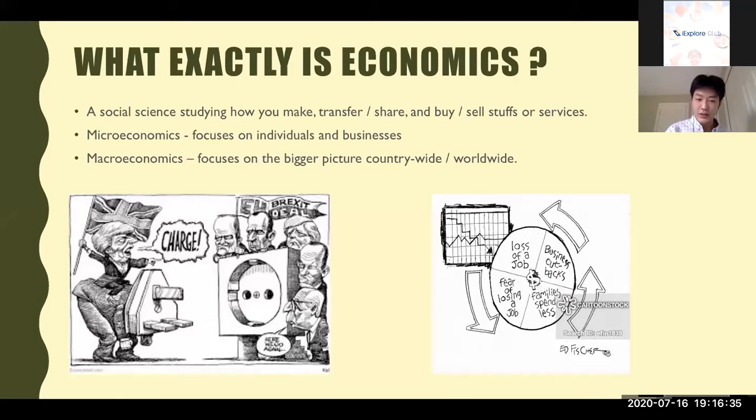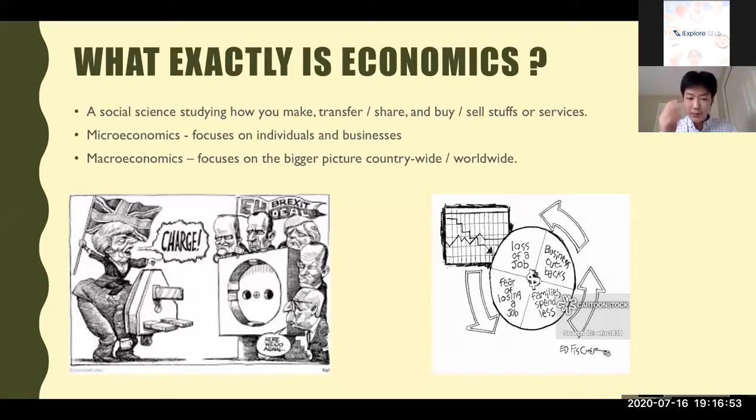And this means that microeconomics is basically closer to your daily life, but macroeconomics is more politics related. As you can see on the comic on the left, there's the British Prime Minister riding on a charger and waving her national flag to say charge to the other European Union members.